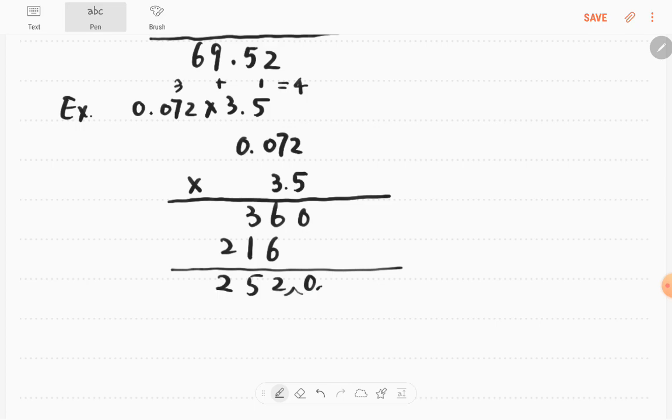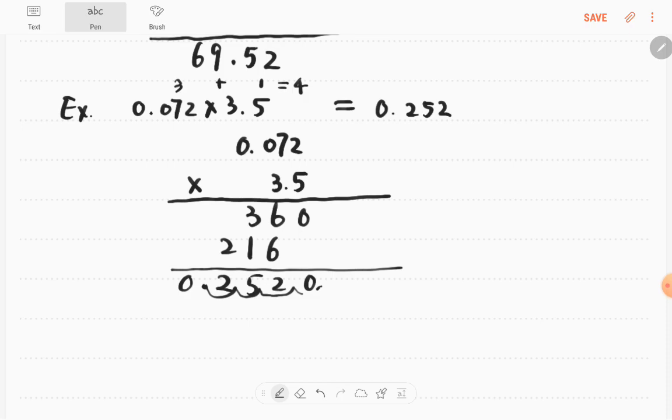So 1, 2, 3, 4. So it will be the final position of our decimal point. So our final answer is 0.252.